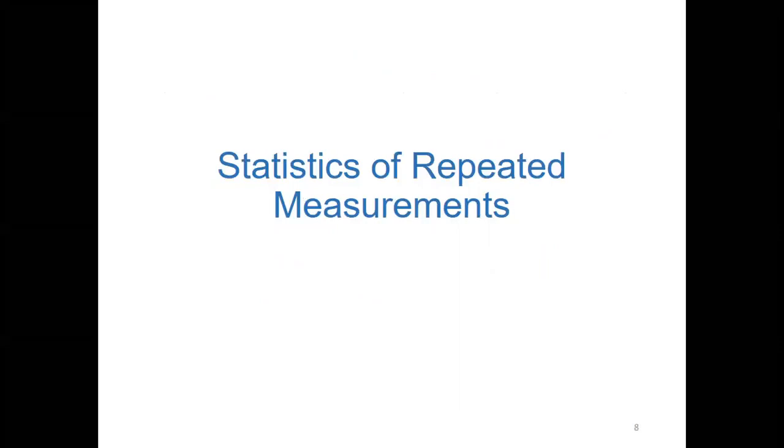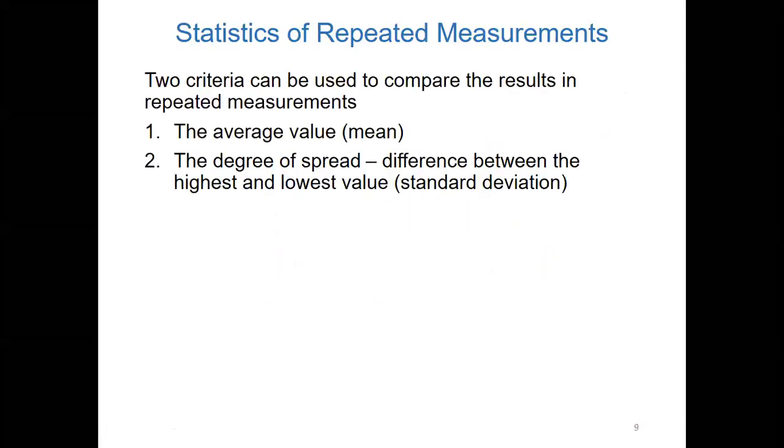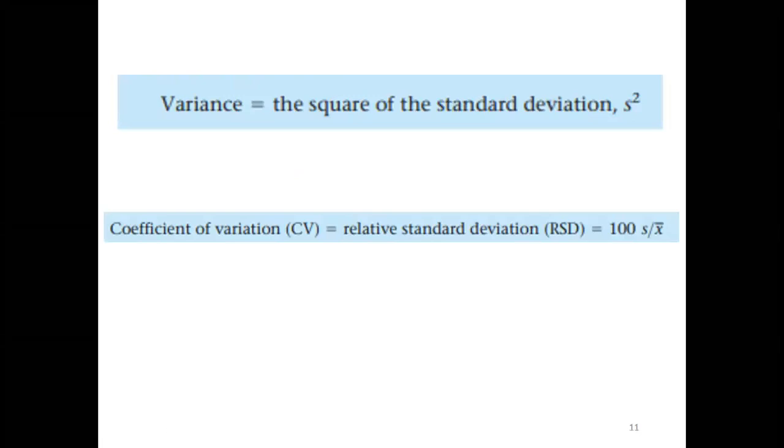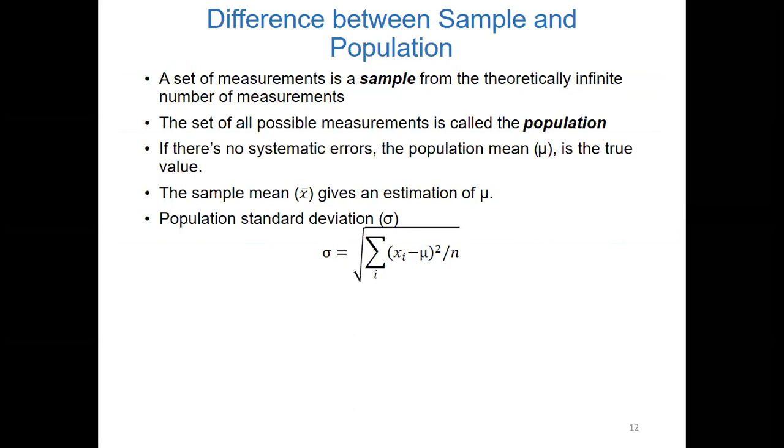And also the statistics of repeated measurement, because normally we do repeated measurements. We discussed the possible types of statistics available for repeated measurements: mean, standard deviation and how to calculate them, the variance, and the relative standard deviation.